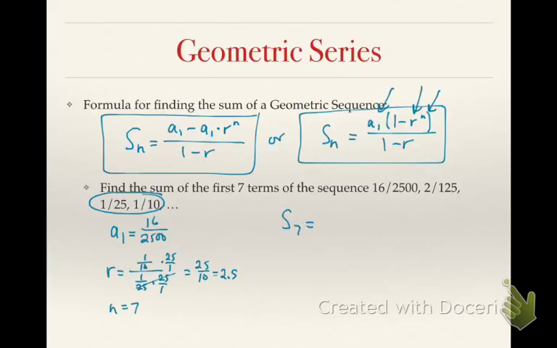So the sum of the first 7 terms is going to be the first term, which is 16 over 2500, times 1 minus 2.5 to the 7th power divided by 1 minus 2.5.